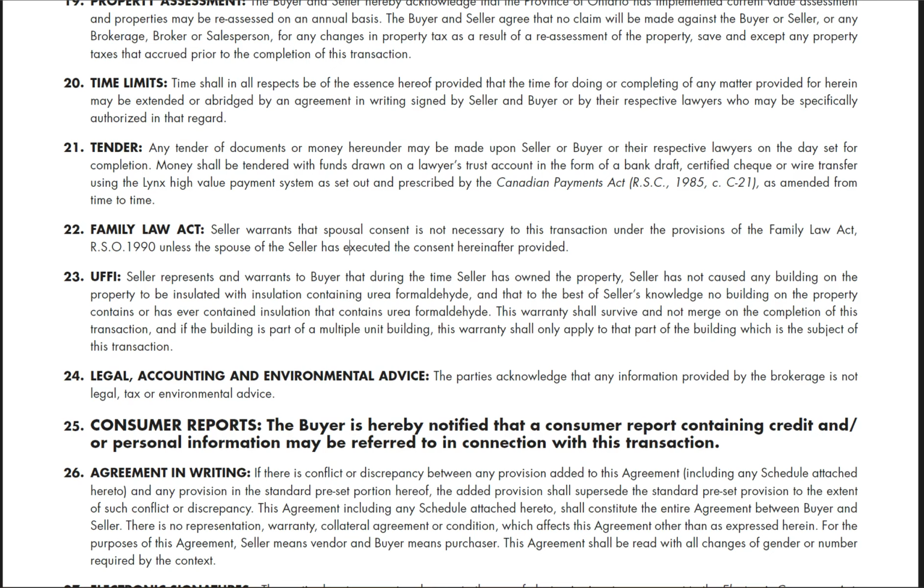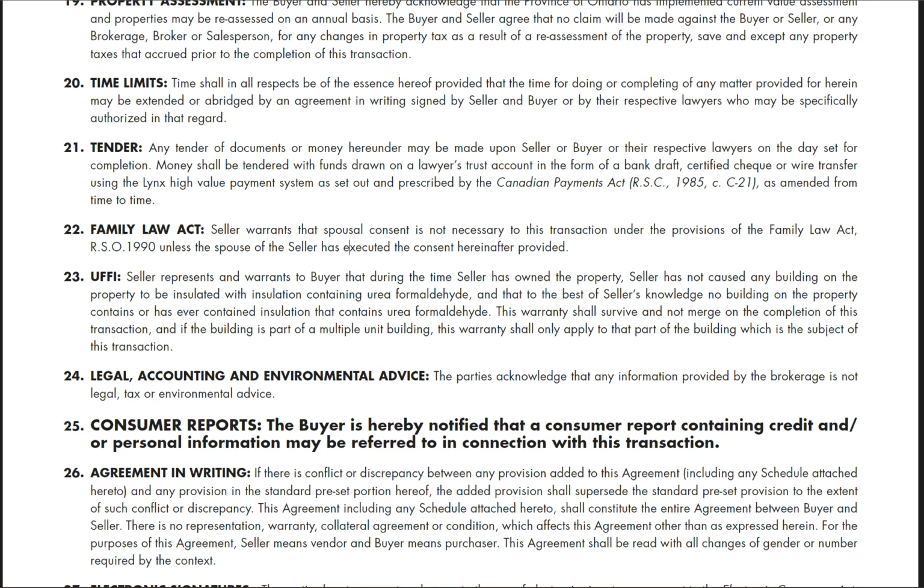So for example, if myself, David, had a matrimonial home and my partner, let's call her Maria, is not listed on that property, she would still be required to sign off on selling that property.